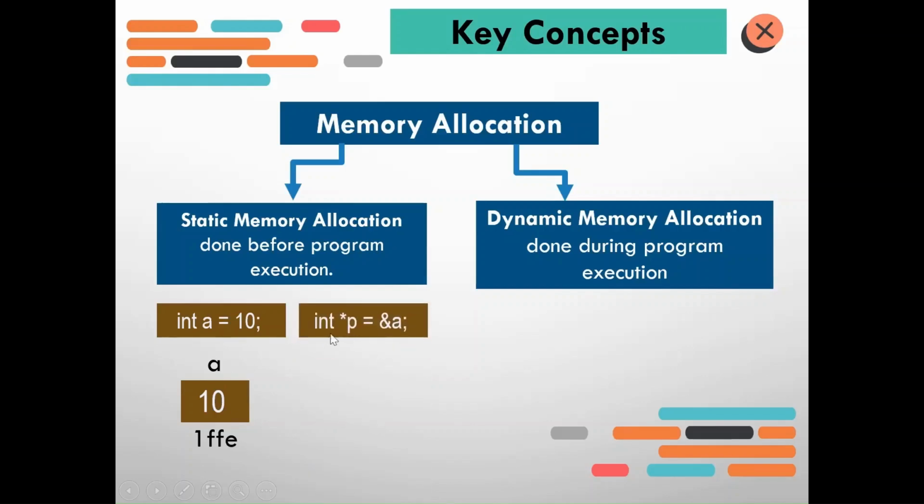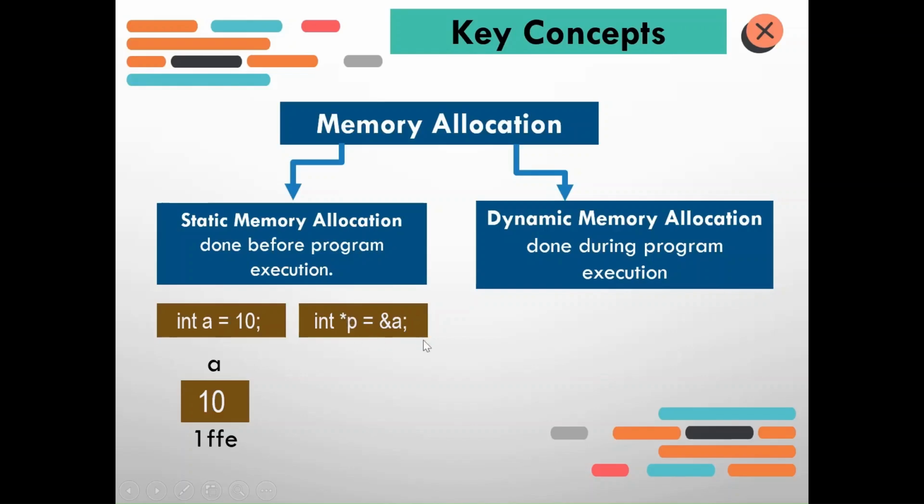If I have another variable p, since you know that a pointer variable is prefixed with an asterisk sign to mark it as a pointer, and a pointer stores the address of other variables, that is what I am doing here. I am assigning the address of a to this p. Since I am assigning the address of some variable, it makes it a pointer variable.